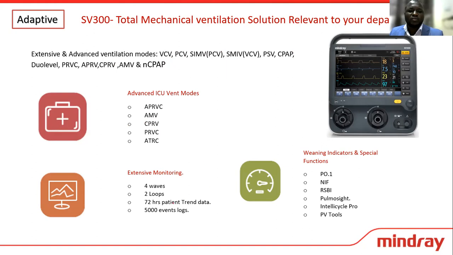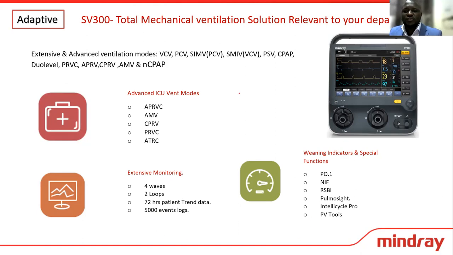We're able also to provide extensive monitoring of parameters to include 4 waveforms, spirometry of 2 loops, 72 hours trend of data, and we are able to record up to 5,000 events.